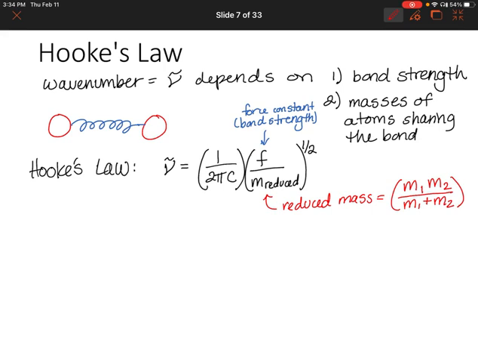And basically, this is kind of an average of the two masses. So what this really tells us is the greater the mass of the atoms, then the smaller the wave number.